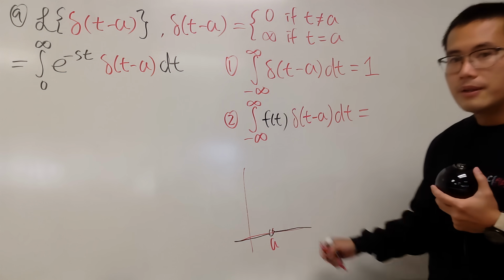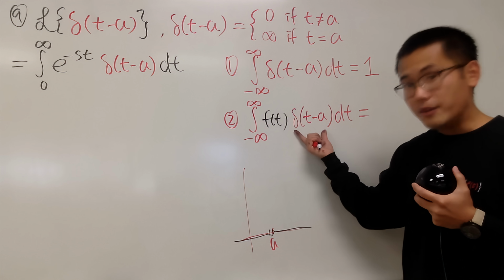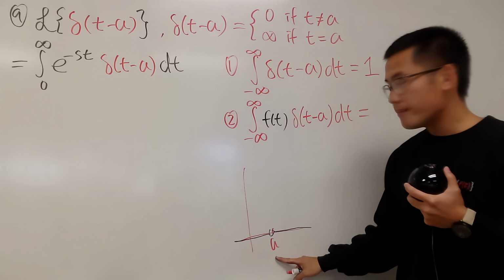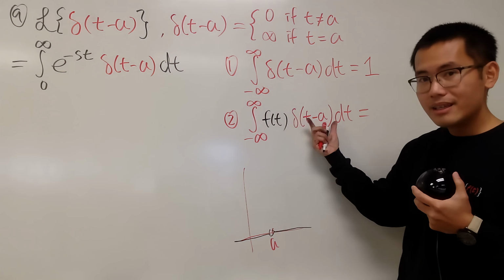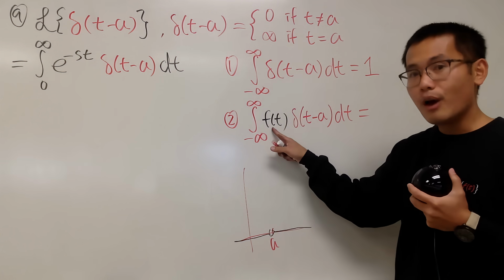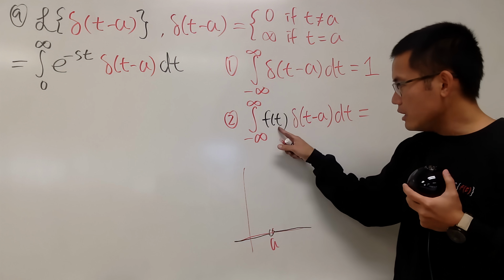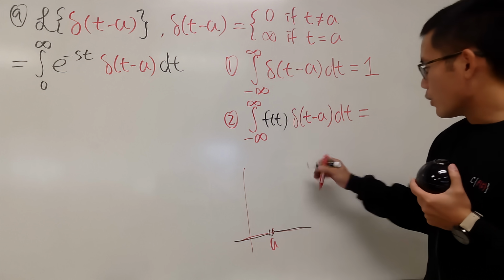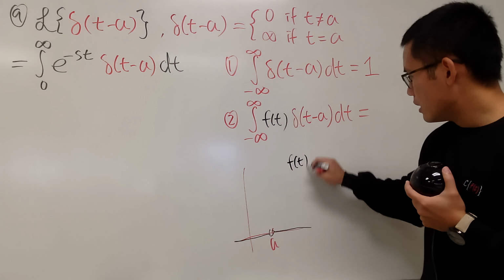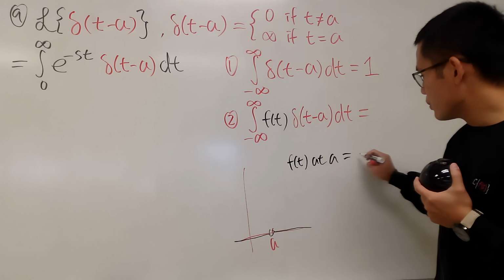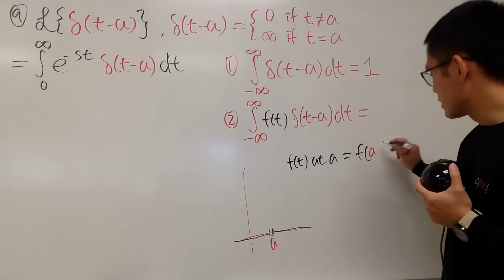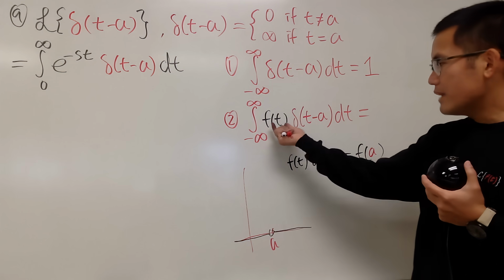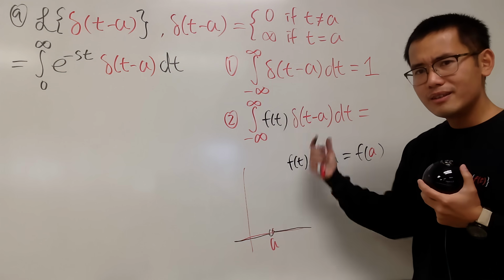This is going to give you infinity when t is equal to a. But this time, we have infinity times f of t. f of t at a is just f of a, that's the value of the function at a, of course. But you have f of a times infinity.